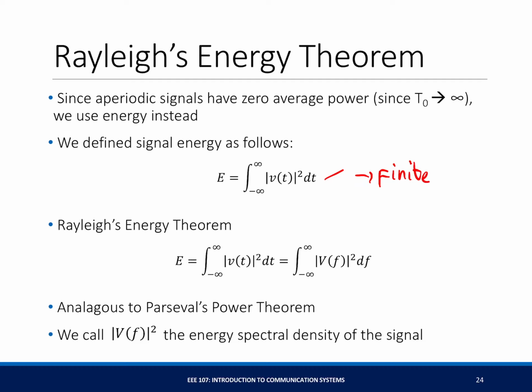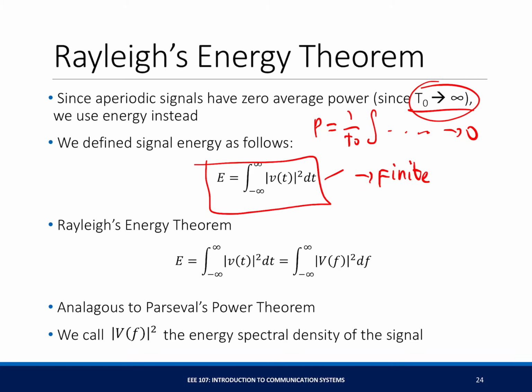So this becomes an energy signal instead of a power signal. It has zero average power since T0 approaches infinity, and recall that the power is equal to 1 over T0 times the integral. So this becomes 0 because of this. Instead, your signal has finite energy.